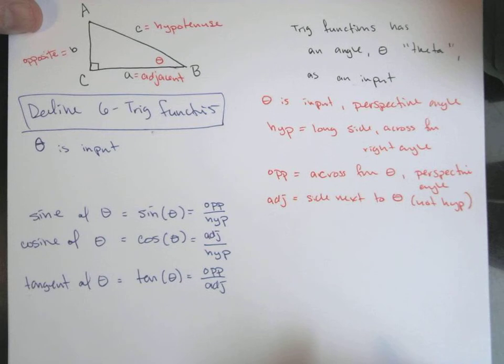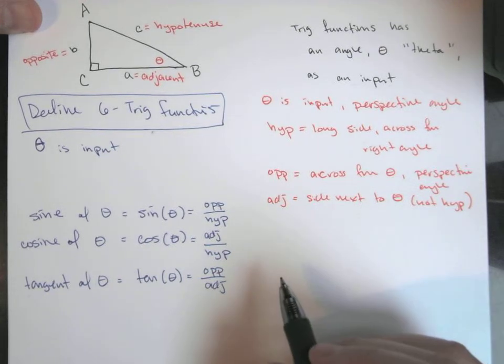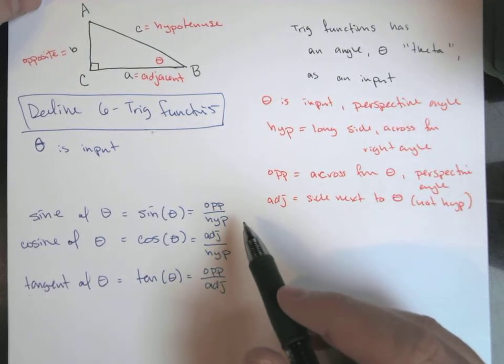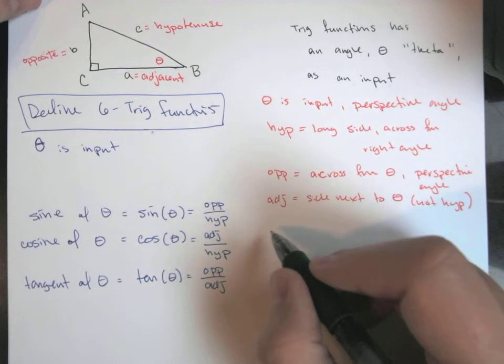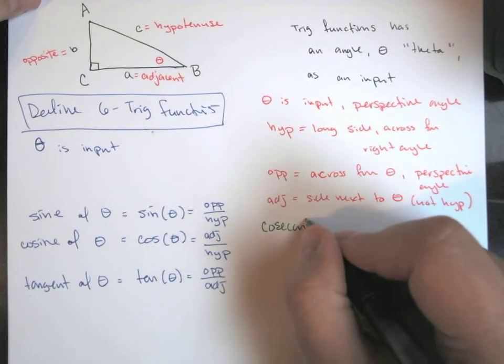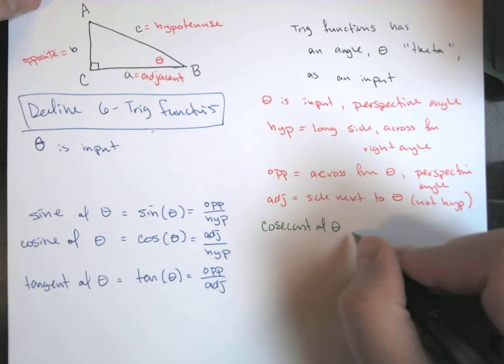Afterwards, what we get are what we call the reciprocal functions. So reciprocal, of course, means flipping a fraction, sort of 1 over. And so each of these has a reciprocal function. So you can flip these ratios over, and you're going to get a new function, and they're going to be linked together. So the first one is cosecant of theta.